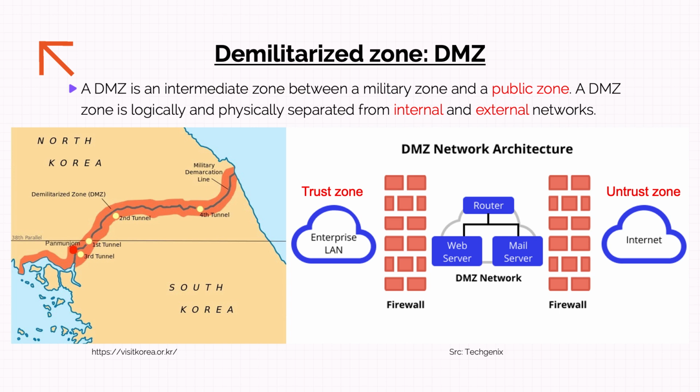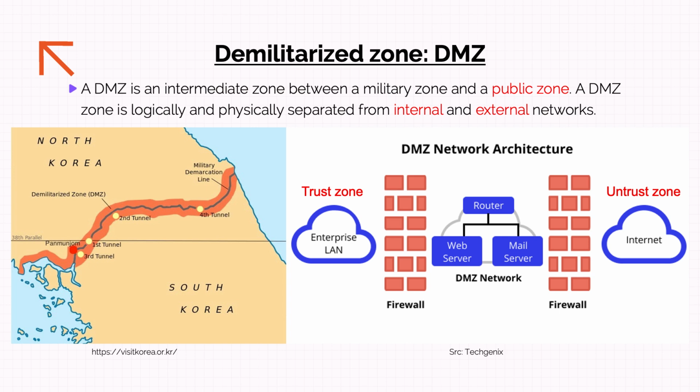In that intermediate zone you cannot use any military weapon, or try to intrude there, because it is very dangerous. In an enterprise network, we have the same kind of concept. It's called a DMZ, the network architecture.